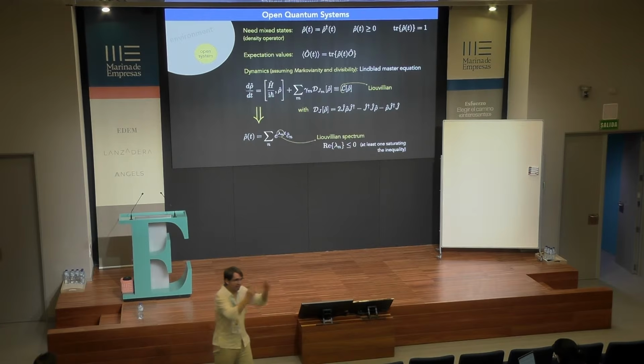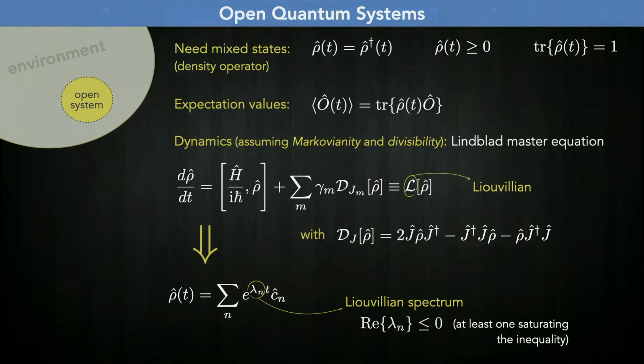That will be the steady state. So this will give you the actual steady state of the system. This is essentially the setting that we have in open systems, in Markovian open systems, and it is what I will use to introduce to you time crystals.